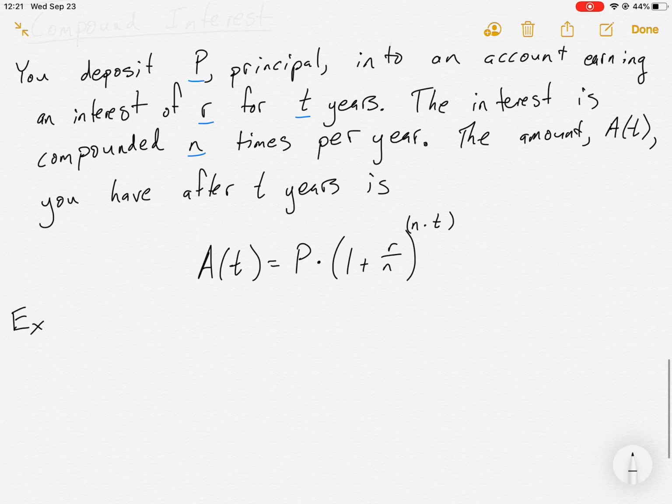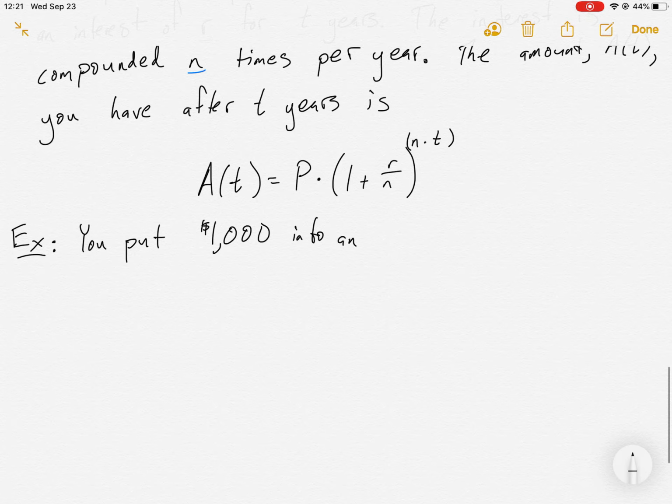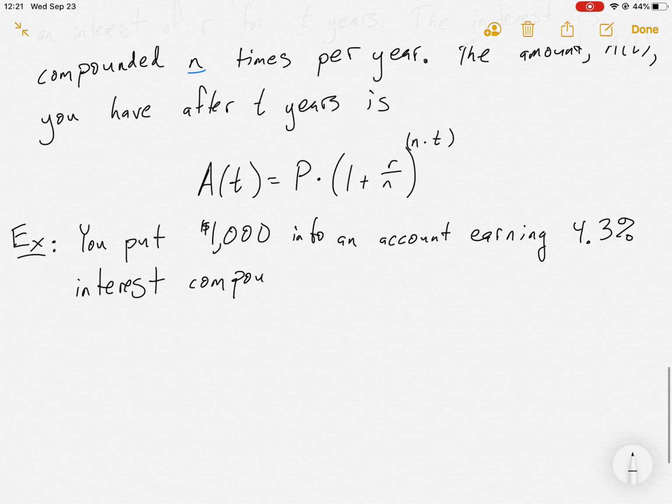So if we were to do a problem, it would look something like this. You put $1,000 into an account earning, let's say, 4.3% interest, compounded, I'll say the word quarterly.